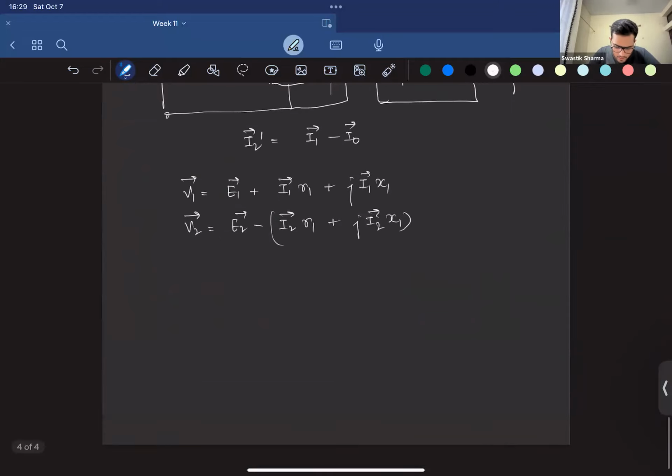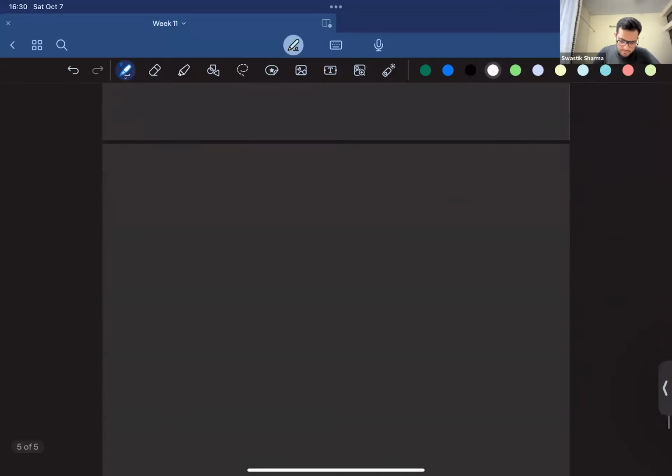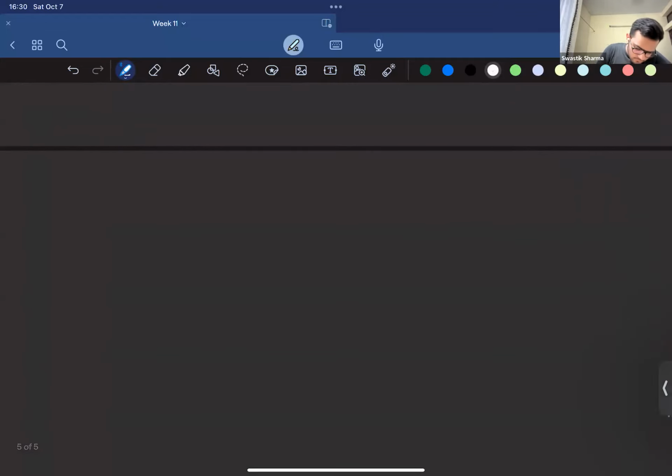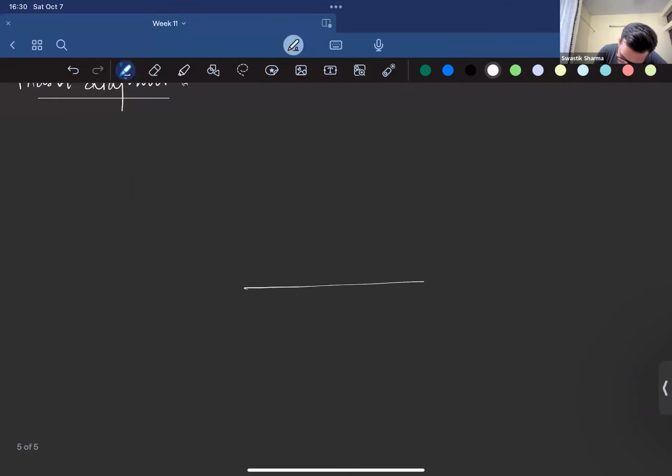So let's see how its phasor diagram will look. I'll draw it on a separate page. In this, since phi is the same for both, we'll take it as reference. So flux is taken as reference, right?